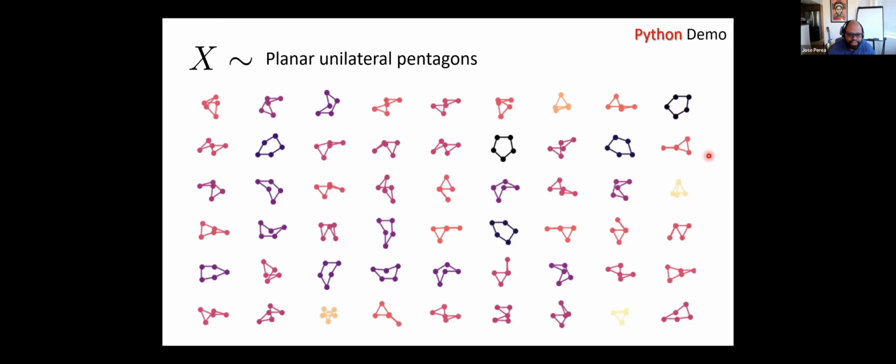The colors are, at least morally speaking, a notion of energy. The darker it is, the lower the energy, you would think, and the lighter it is, the higher the energy, you would think. So I'm going to switch between slides and code, and hopefully it'll work out.